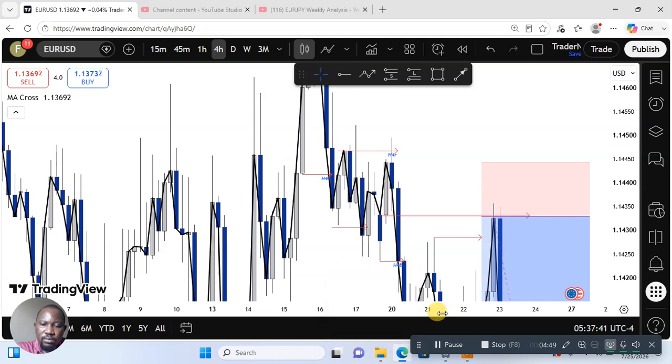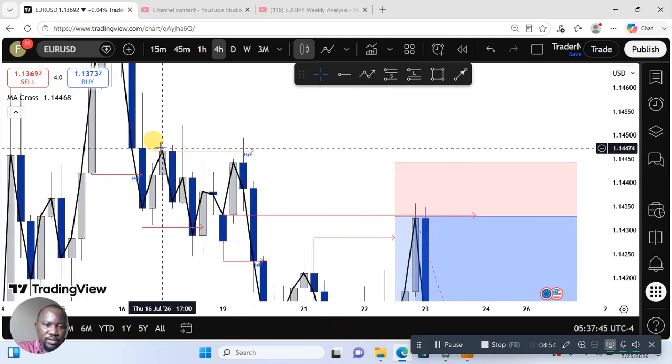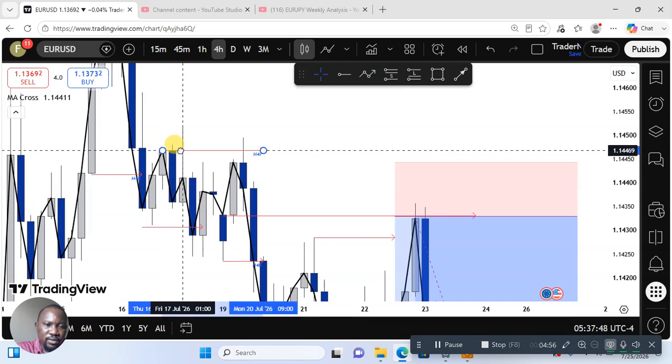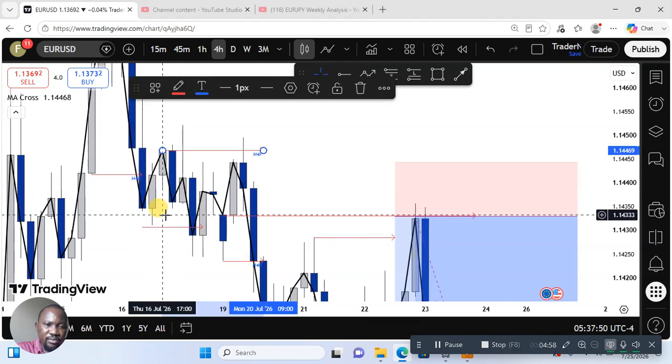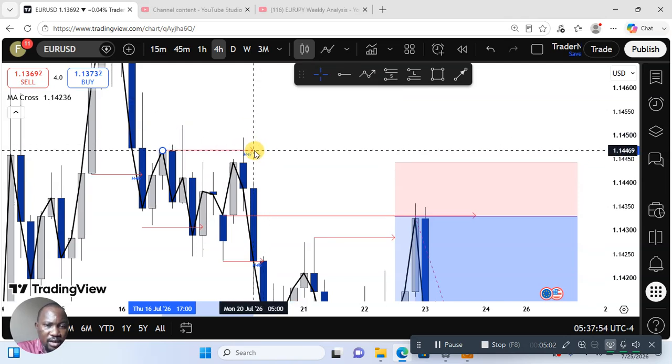Now we mark out our 4-hour reaction level, which is this tip that looks like an A shape, but it's the key level, right? That's our reaction point.